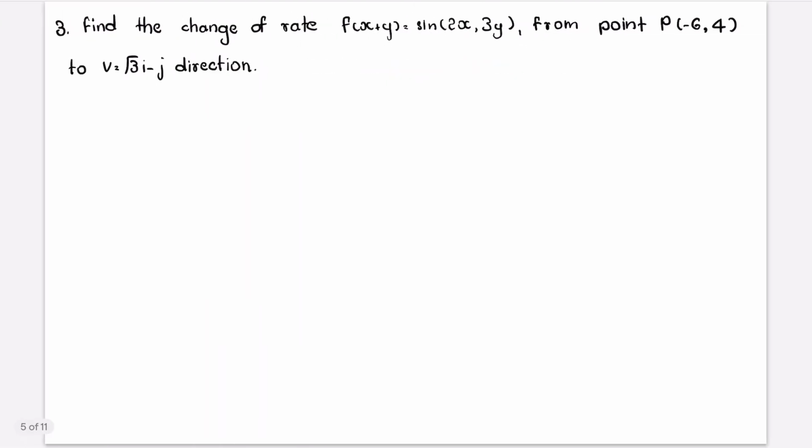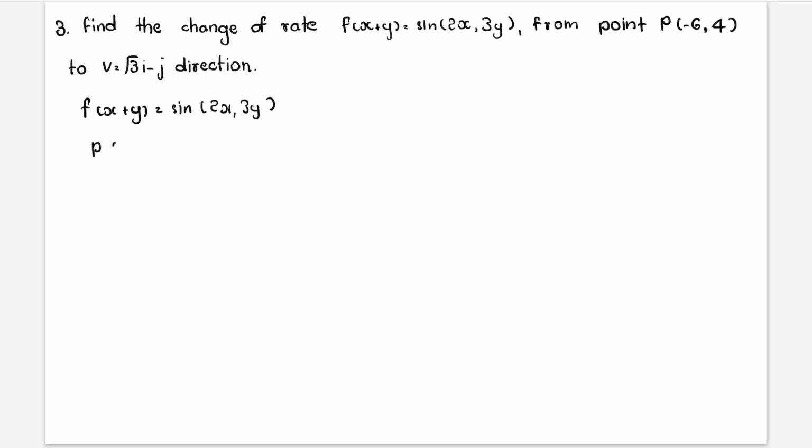Okay, let's move to the third question. Find the rate of change from the point to the direction. So let's write down the given question. f is sin 2x 3y.